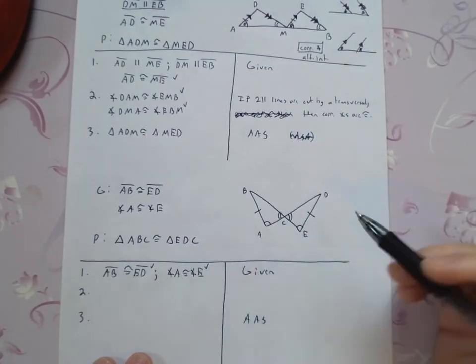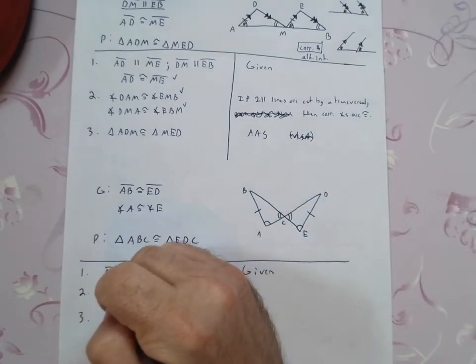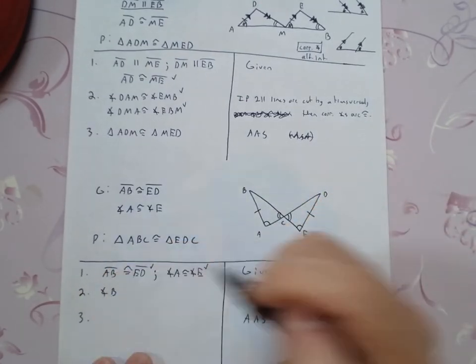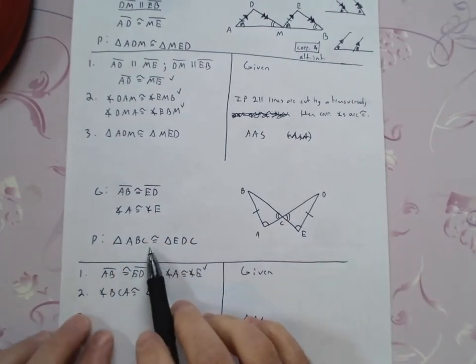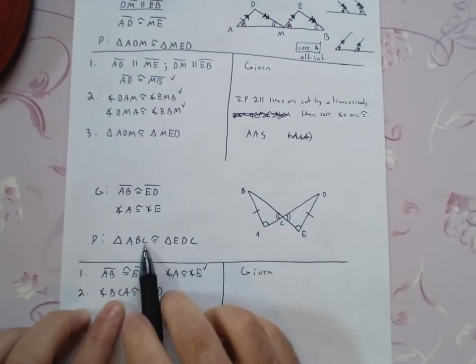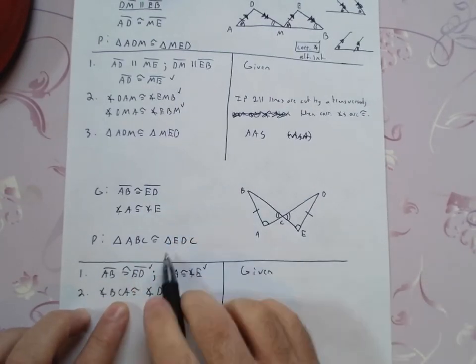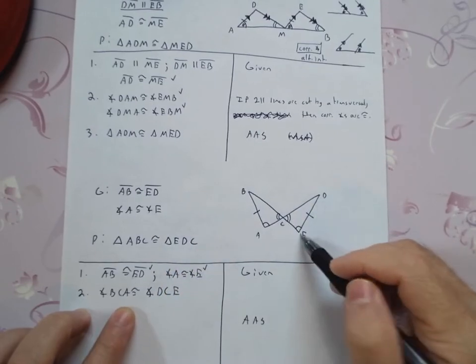So we now know that angle BCA, and I got to use 3 letters because there are tons of angle C's here, BCA congruent to angle, well, let's match up here. B matches up with D, C matches up with C, A matches up with E, so DCE.